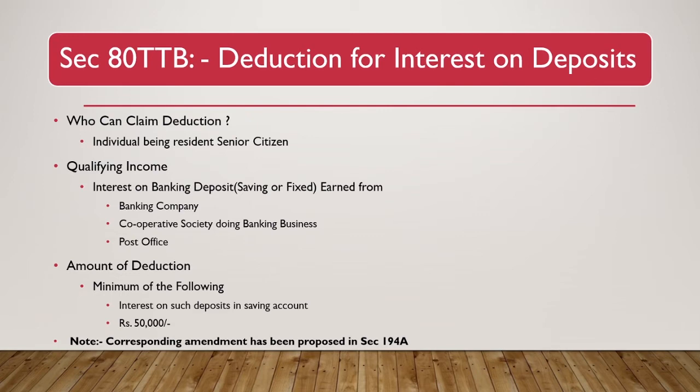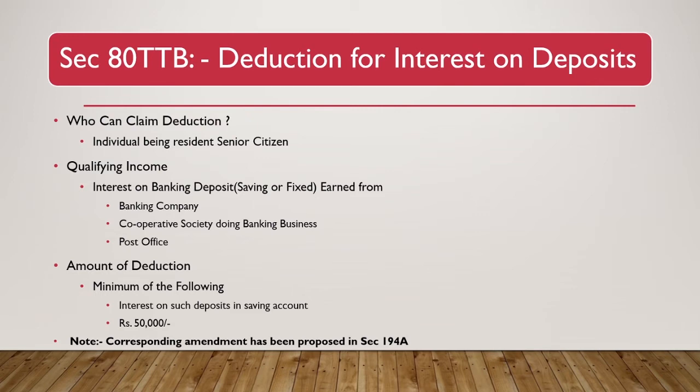Resident individual being senior citizen receiving interest from either savings or fixed deposits or from both, having bank account with banking company or corporate society doing banking business or post office, up to a maximum of rupees 50,000 can be claimed as deduction.